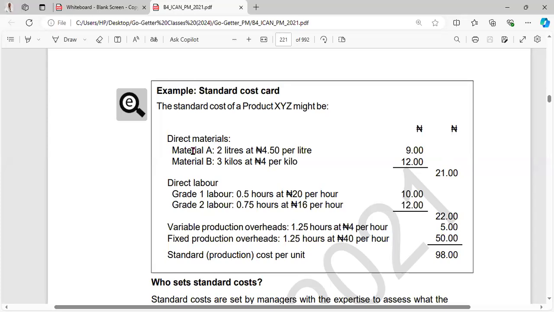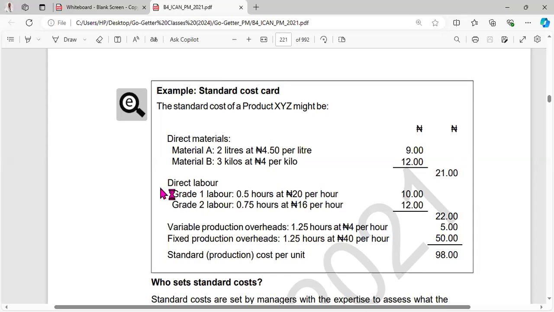So the cost of material A for 1 unit is 9 naira. The same thing with material B. We need 3 kilos to make a loaf of bread, and 1 kilo is 4 naira. So that means for 1 loaf of bread it is 12 naira. When you add material A and material B, 9 plus 12, it gives you 21. So this is the total cost of materials for 1 loaf of bread.